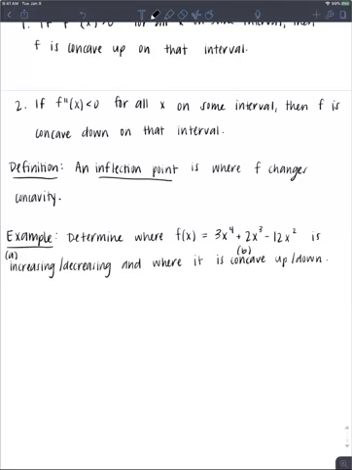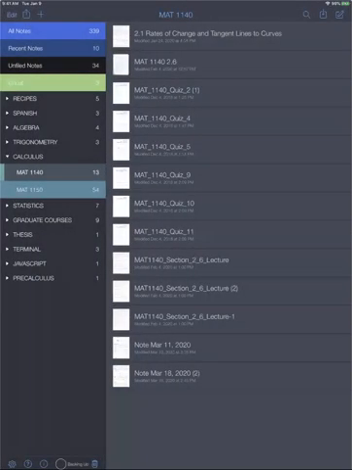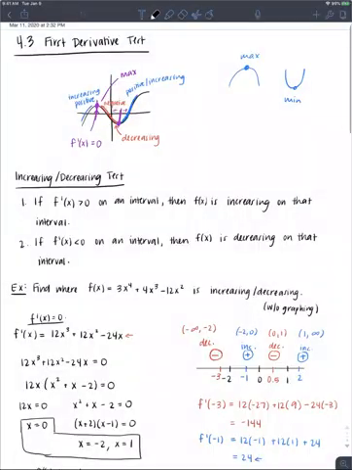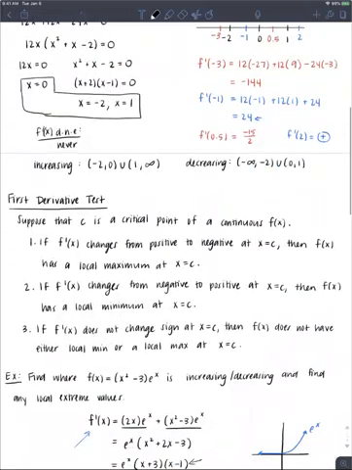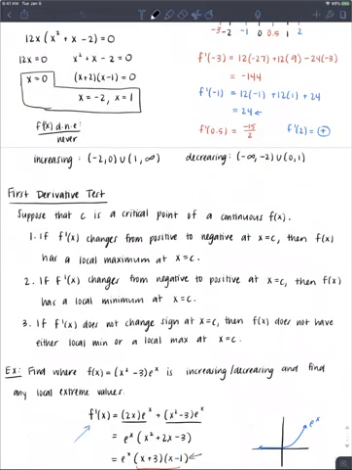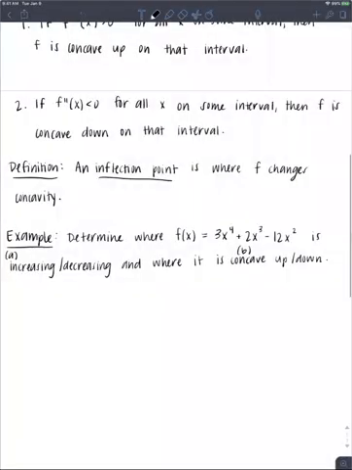Yeah, so the increasing/decreasing test is the one we're going to do, and the first derivative test is the local min, local max stuff.